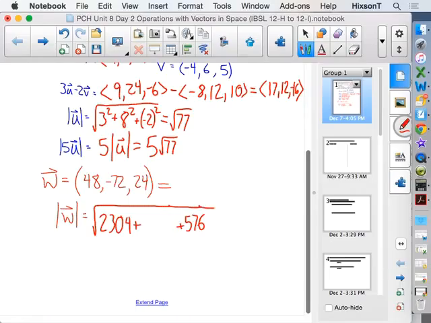What's 72 squared? 5184. And if you figure that out, that ends up being, what is it? Not exactly 24. It's like 24 root 14. Is that it? 24 root 14.